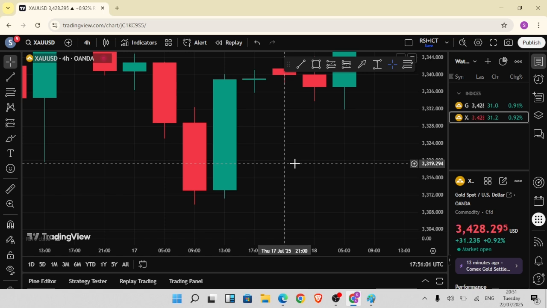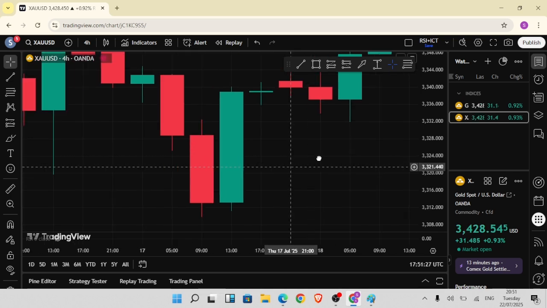We have not switched the time frame. We have not done anything else. We are not looking for advanced things like supply demand, order blocks, breaker blocks, fair value gaps. We are only observing the candle formation.